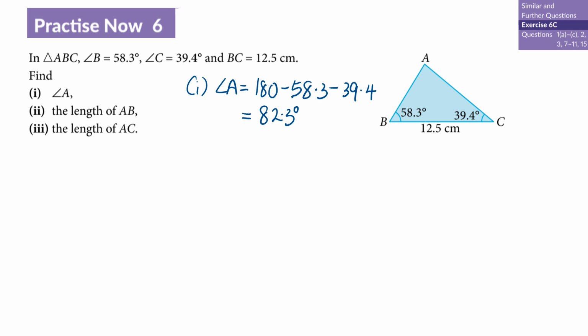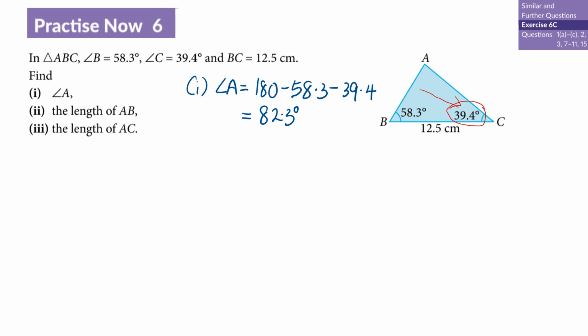Correct, because to apply the sine rule effectively, in part 2, you're supposed to find the length of AB, right? So to find the length of AB, which angle will we be using? If you're going to find AB, then draw your arrow. We will have to use this 39.4, right?